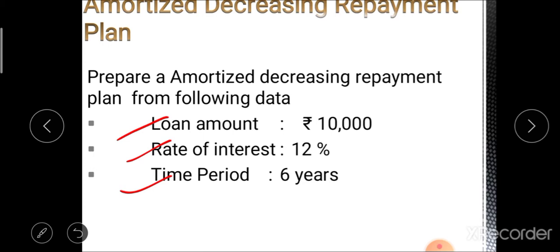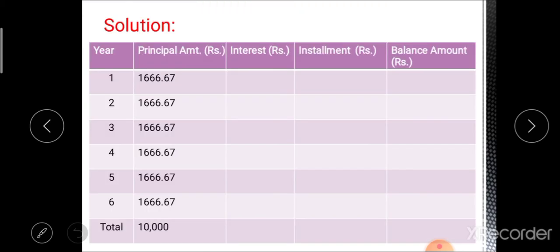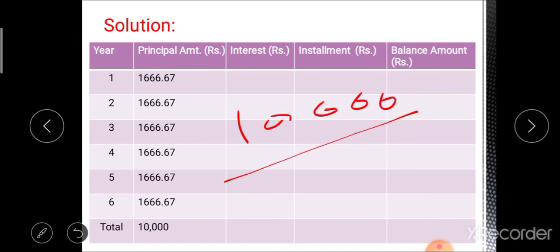In the case of the amortized decreasing repayment plan, the principal amount remains constant for the loan repayment period. So first of all we calculate the constant principal amount. The total principal amount is 10,000 and the total loan period is 6 years. So we get the principal amount for each year. That means this 10,000 principal amount is divided over these 6 years.